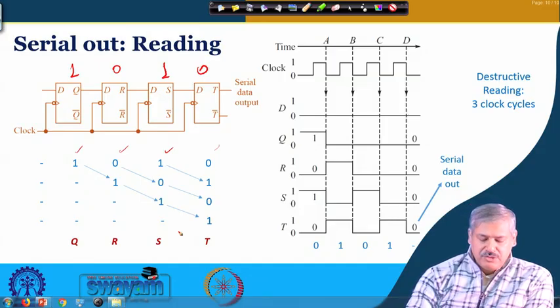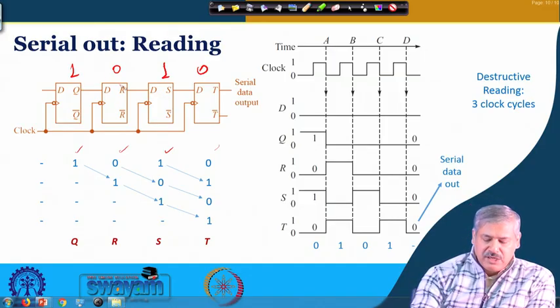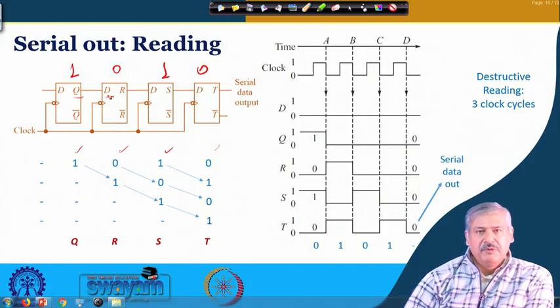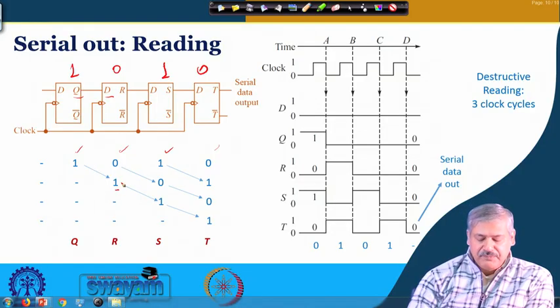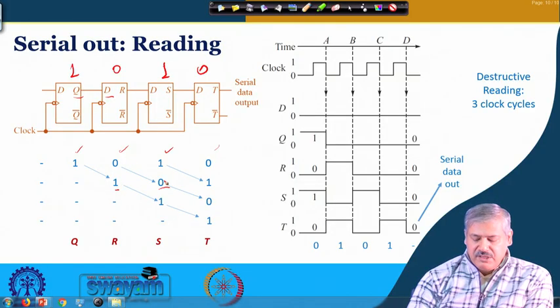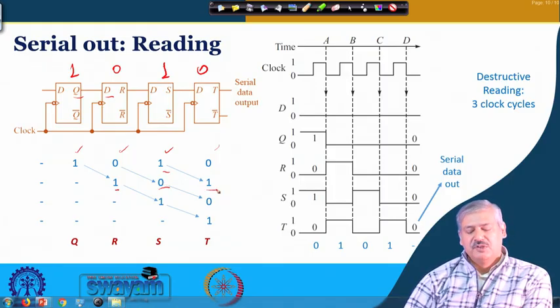So, that's why it becomes a destructive reading. Okay. So, in the first clock pulse, this 1 will be coming over here, this Q is the input to this flip flop. Okay. So, now this is a D flip flop based shift register. So, this 1 comes here and this 0 will come over here and this 1 will come over there. Okay.